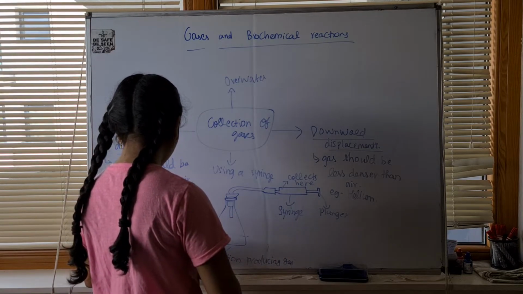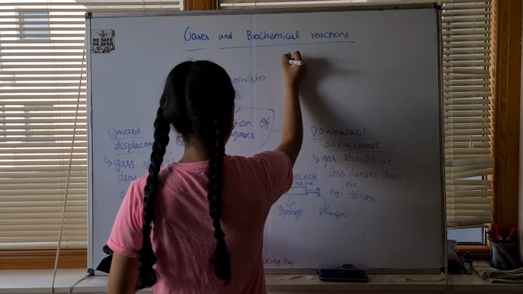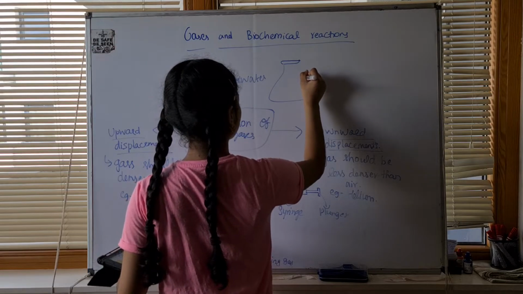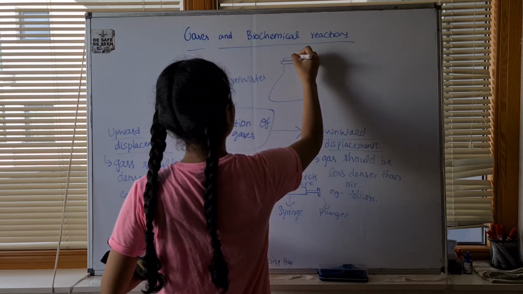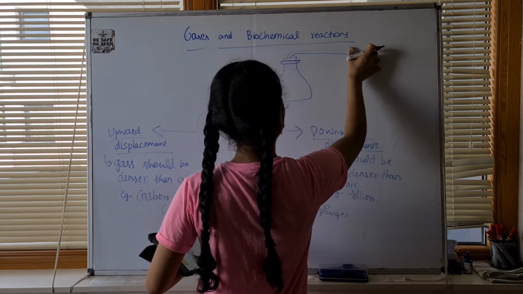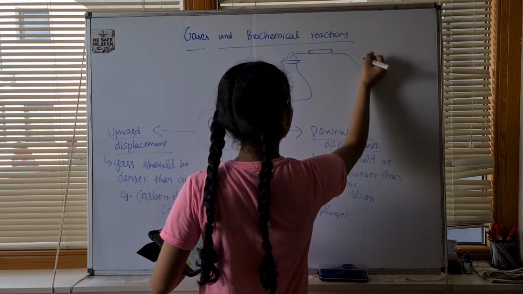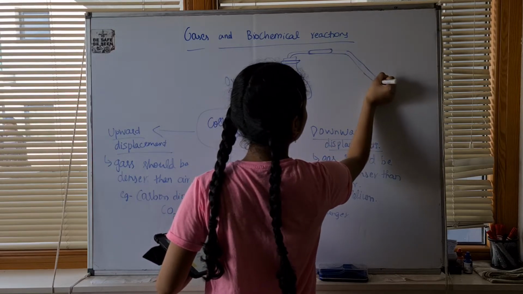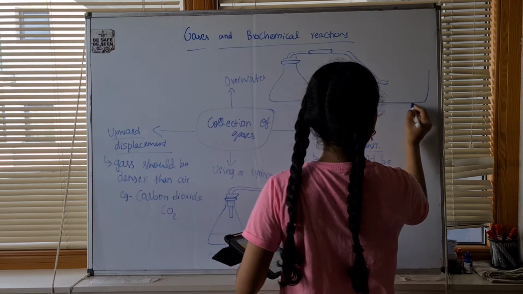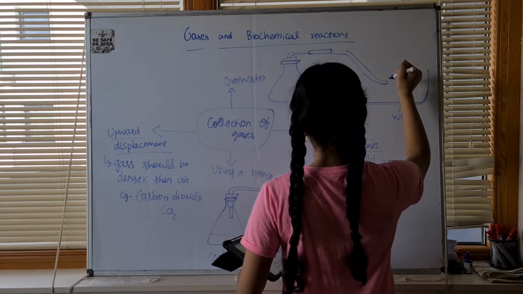So the next one is over water. We can draw a little diagram for this as well. Again, we have the same setup, a conical flask. And then we have a small container with water. And then we have a test tube.